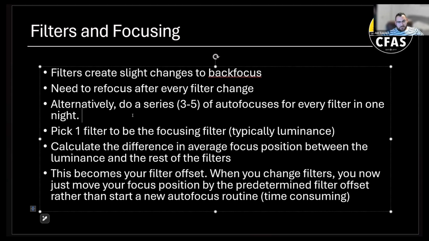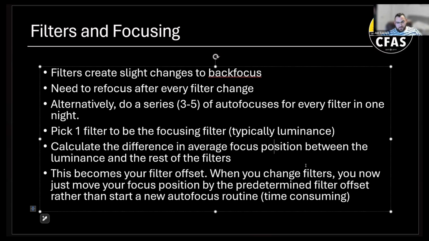Then you pick one filter that's going to be your focusing filter, typically the luminance, because since it has such a wide range in wavelength of light, you don't need as much time per focus point, right? It can just be like 2 to 5 seconds, so you can go through a full focus routine pretty quickly. And then you calculate the difference in average focus position between the luminance filter and the rest of the filters. And that becomes your filter offset.